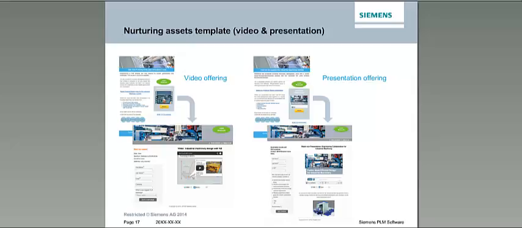There's also an email and page for a video offering and a presentation offering. So these are all sets available for the different campaigns. This was one example of the list of different emailers and pages that every campaign contained.